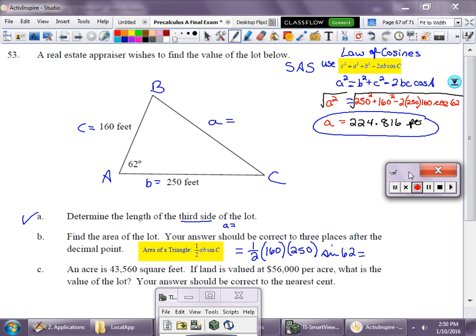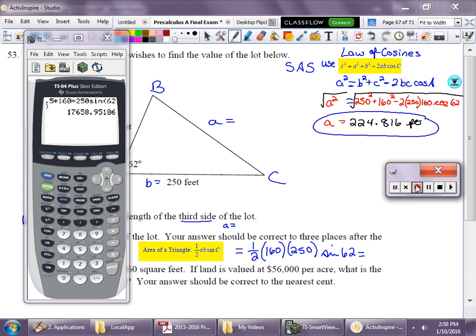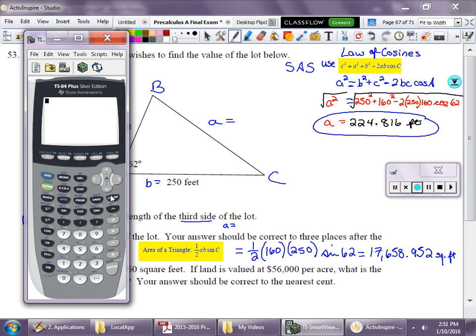Let's put that in a calculator. So this is going to equal 17,658.952, and this is square feet. Box this in, clear the distractions.